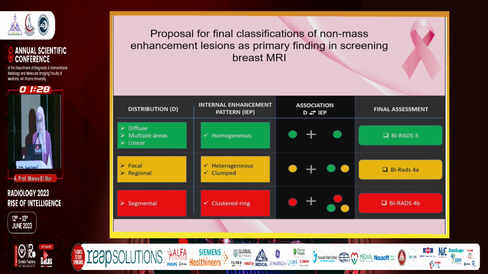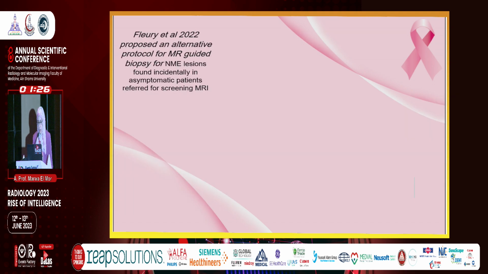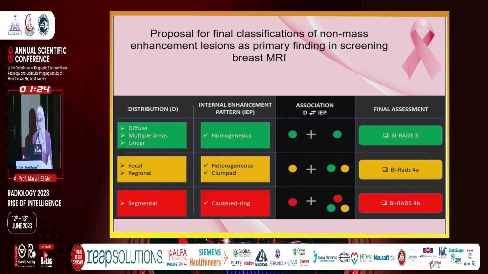If we have focal or regional with any of homogeneous, heterogeneous, or clumped, we categorize these lesions as BI-RADS 4A. And if we had a segmental enhancement and any of the internal enhancement patterns, such as clustered ring, heterogeneous, clumped, or even homogeneous, we call it BI-RADS 4B.